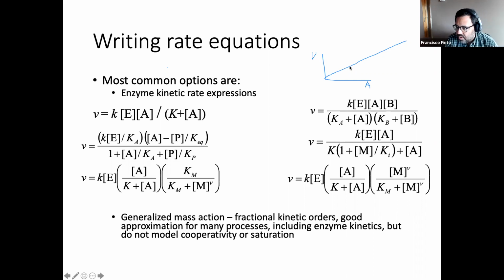But in a catalyzed process, that doesn't happen, because normally what happens is that if the amount of A is small, you have something like this. When you get to some point, the velocity will saturate, because there is no capacity for that process to happen at that increasing rate.